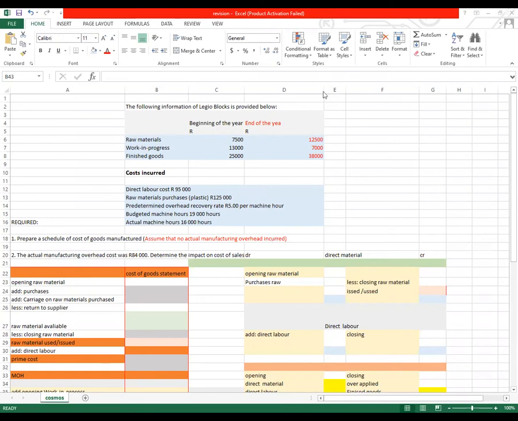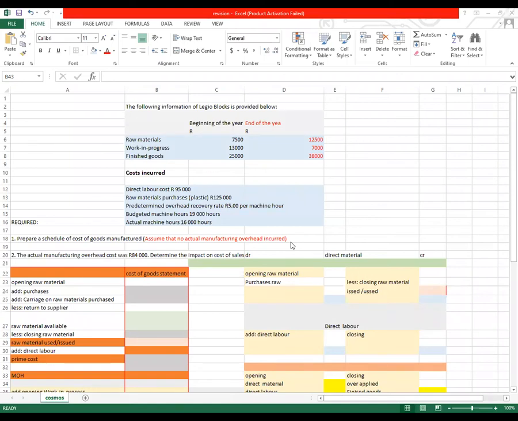Okay, guys, here we have been provided with the information. Be careful here: assume that there is no actual manufacturing overhead incurred. Remember, previously we calculated the applied manufacturing overhead, and then we calculated under and over.